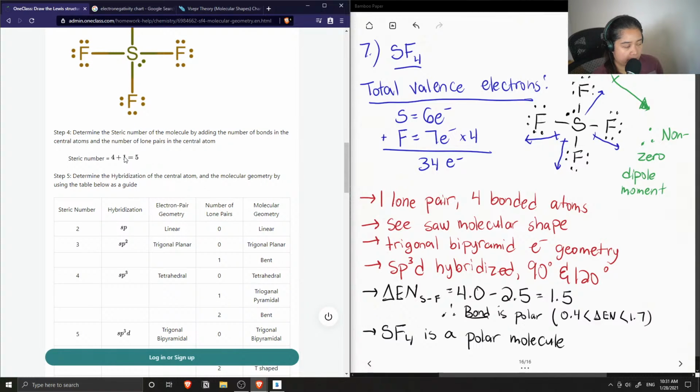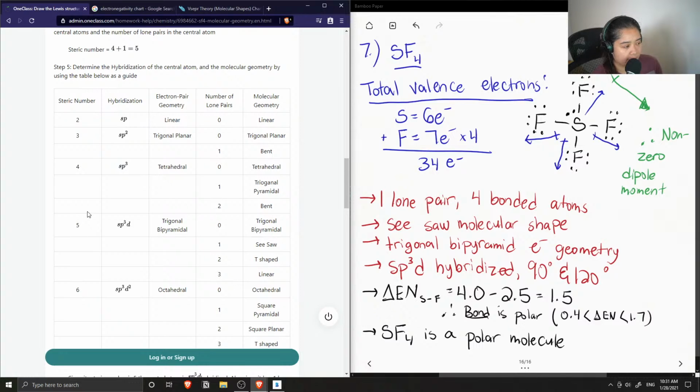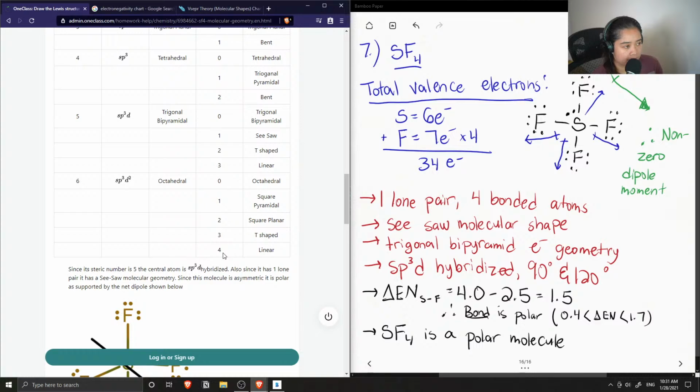Okay, so now they determined the steric number. So this is the same thing as adding the number of lone pairs with the number of bonded atoms, and they got 5. And when you have a steric number of 5, it is sp3d hybridized. The electron pair geometry is trigonal bipyramid, and because there was one lone pair, we have a seesaw molecular geometry.